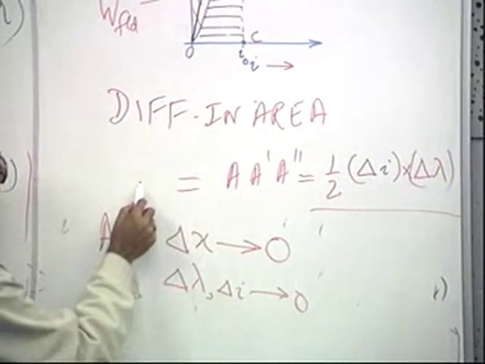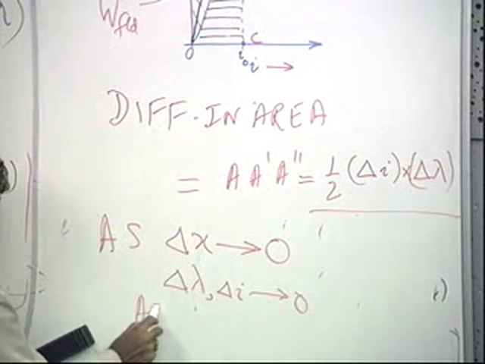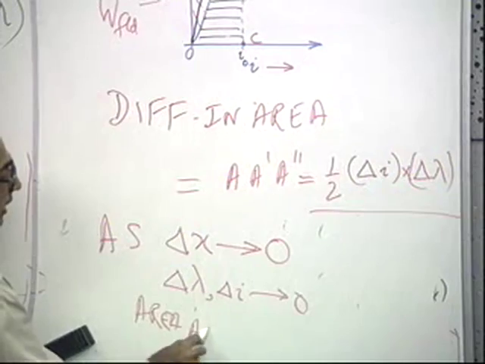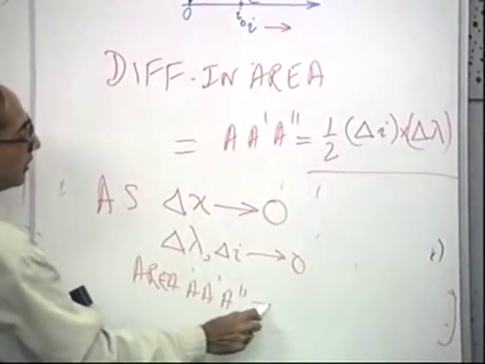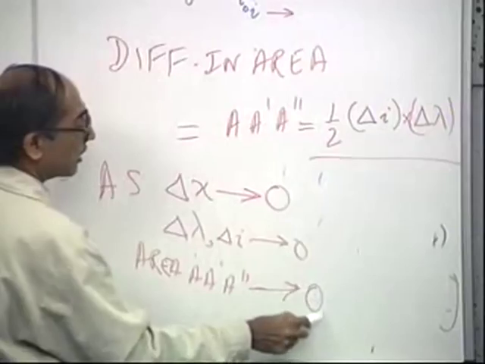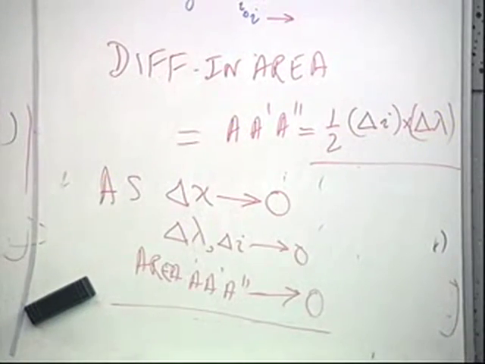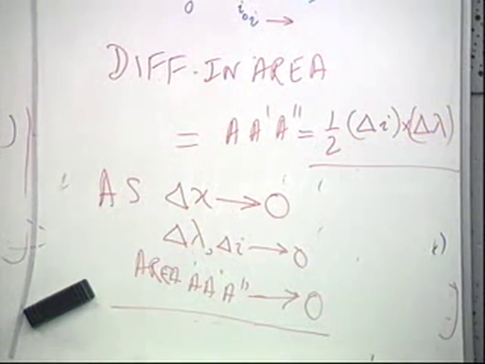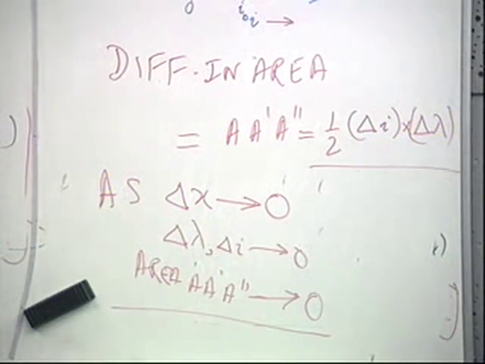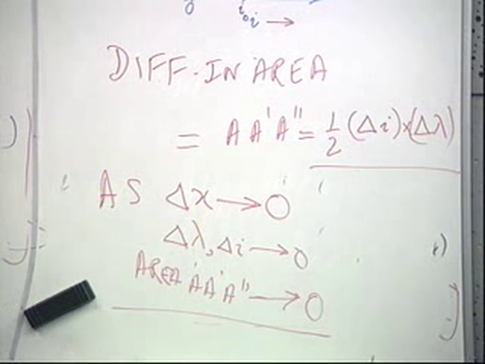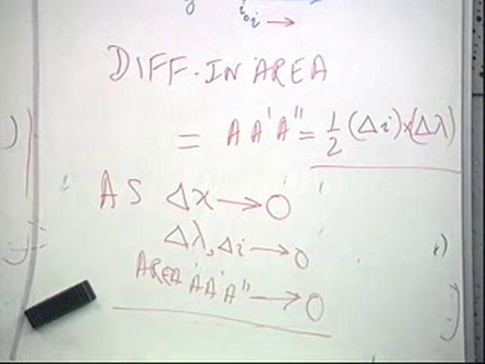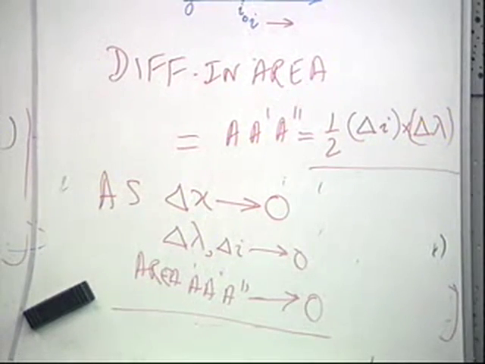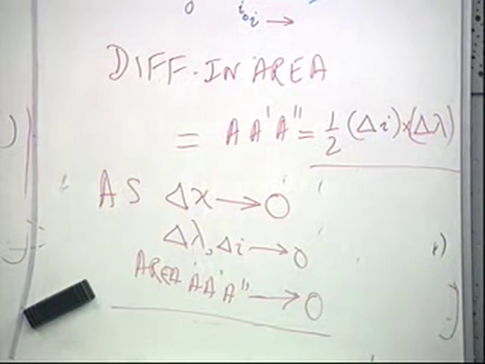So the area of A dash, A double dash also tends to 0. We have made no mistake, everything is in order: both our mathematical definitions and derivations conform to our physical explanations. This is true whatever the linear or non-linear variation of I and lambda. So this is valid.